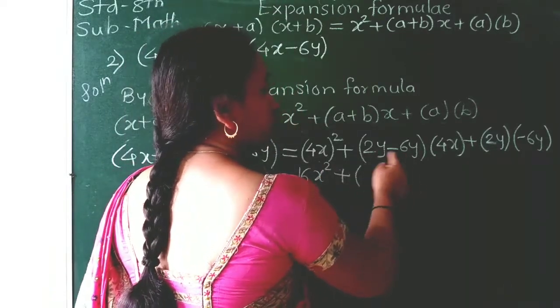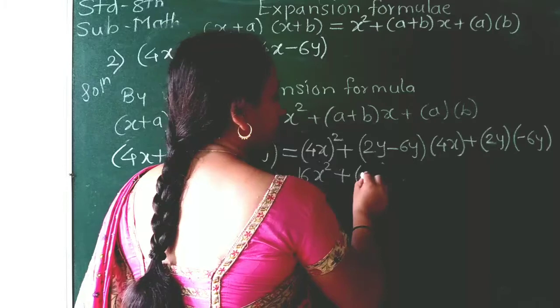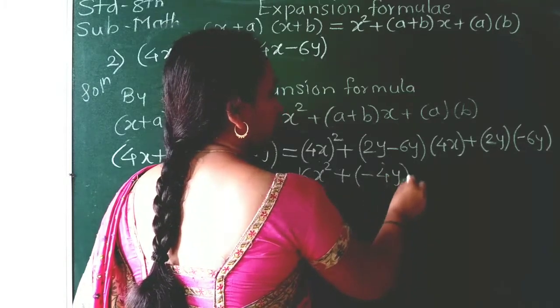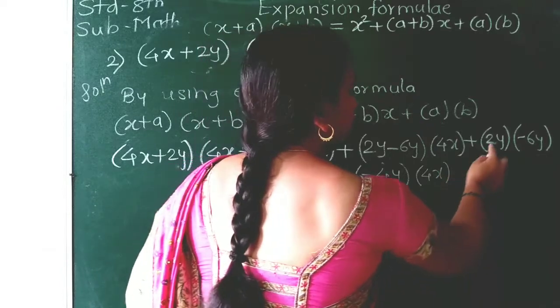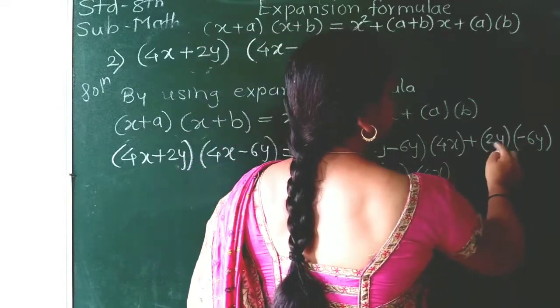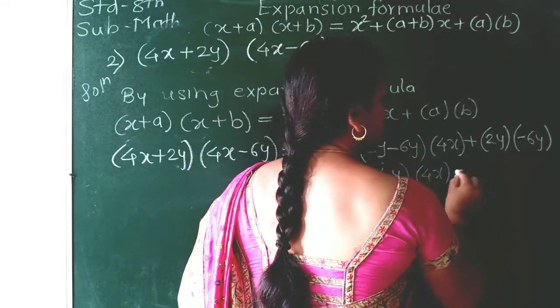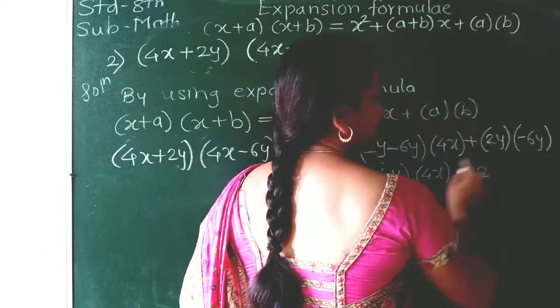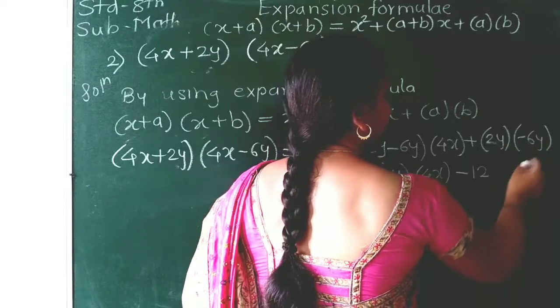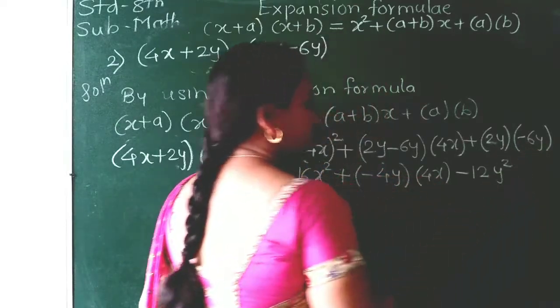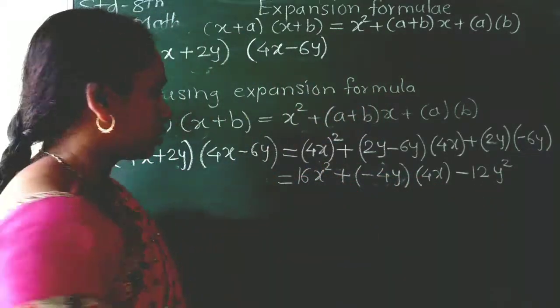Plus, the subtraction of this will come minus 4y, and here I have to multiply this again by 4x. Their product: minus 6 multiplied by 2, the answer will come minus 12; 6 2s are 12, the sign would be negative; y multiplied by 1, y². Still my example's solution is not over.